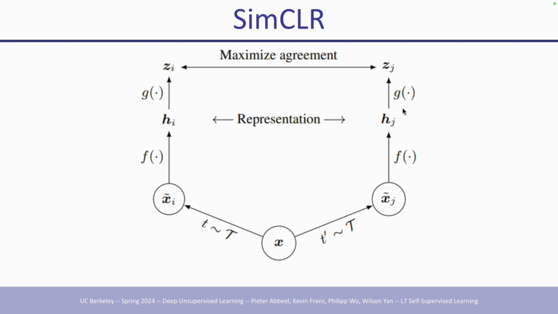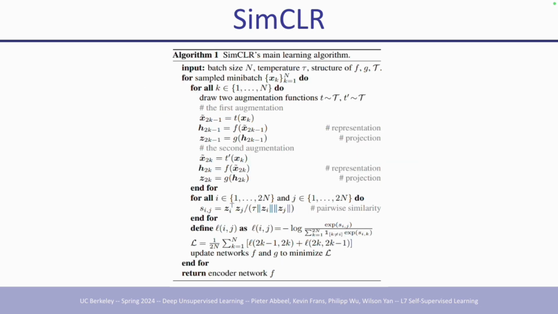They add this additional g network, which predicts the feature z that we're trying to contrast against from our representation. Whereas in MoCo we directly used the feature that we contrasted against as our representation, here they're learning an additional network to map that. With this trick, it turns out that you don't actually need the momentum encoder.